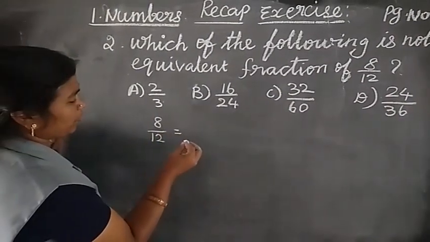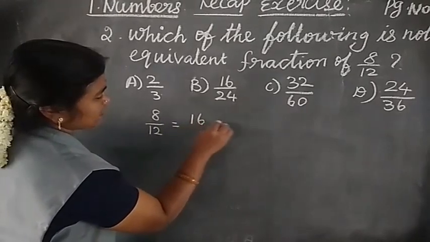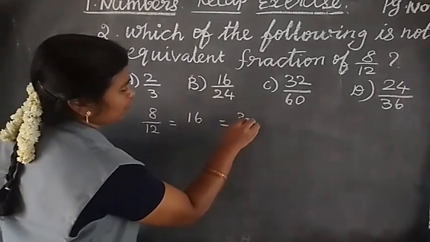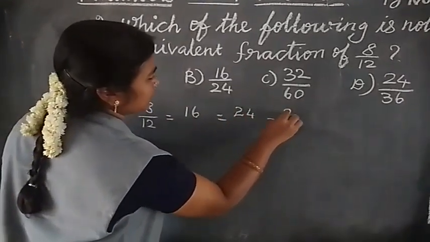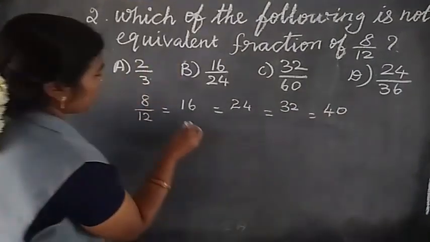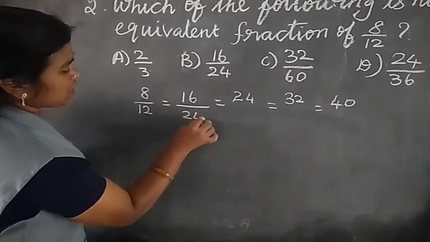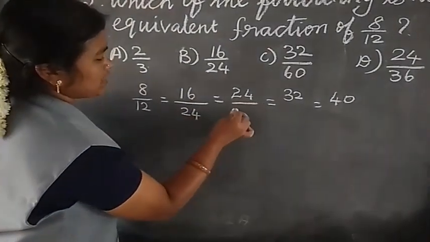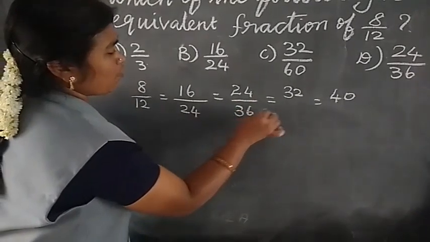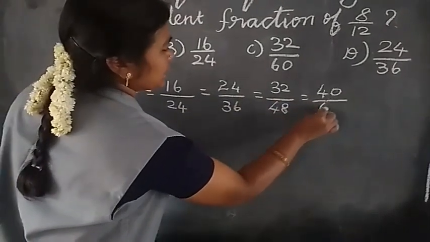First the numerator: 1 8 is 8, 2 8s are 16, 3 8s are 24, 4 8s are 32, 5 8s are 40. And the denominator also: 1 12 is 12, 2 12s are 24, 3 12s are 36, 4 12s are 48, 5 12s are 60.